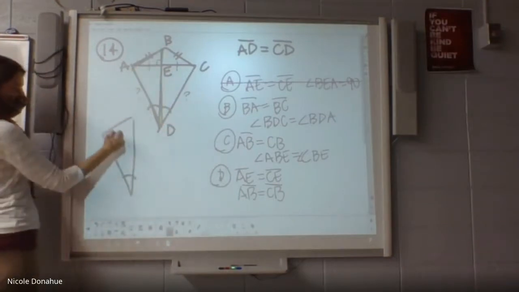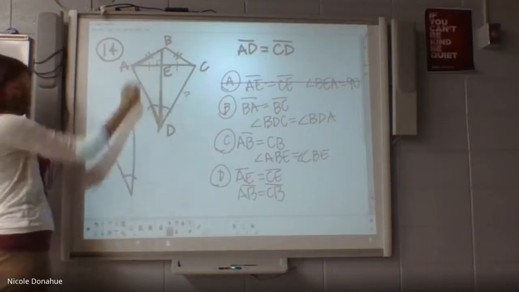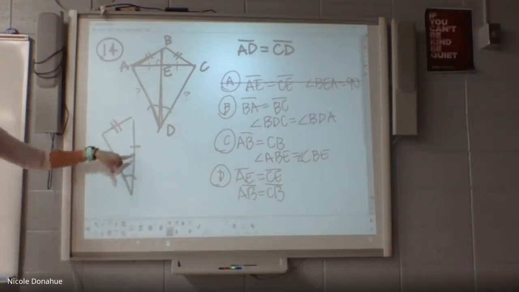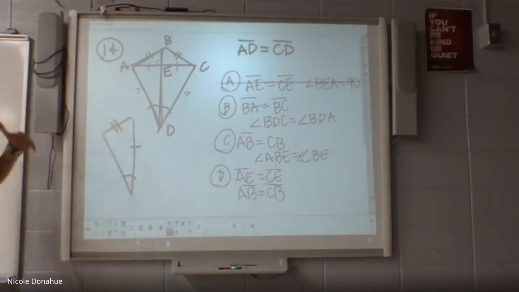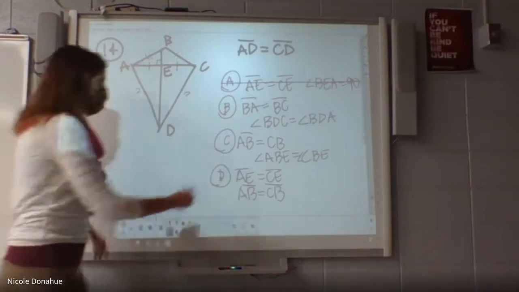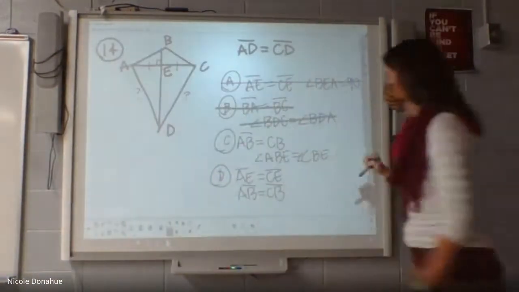We have this angle, we have this angle, and then we have the shared side in the middle. What property is that? It's ASS, which we can't do, right? No. So that one doesn't work either. That one's one of the bad ones. So that one's out. Can't have that.